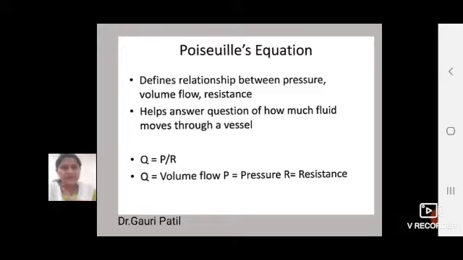Now in today's lecture we will discuss the Poiseuille equation.